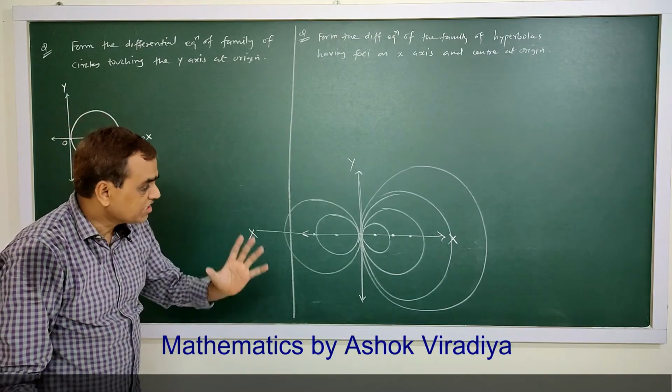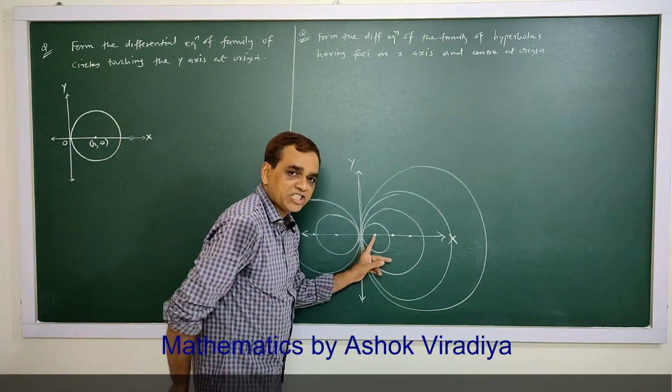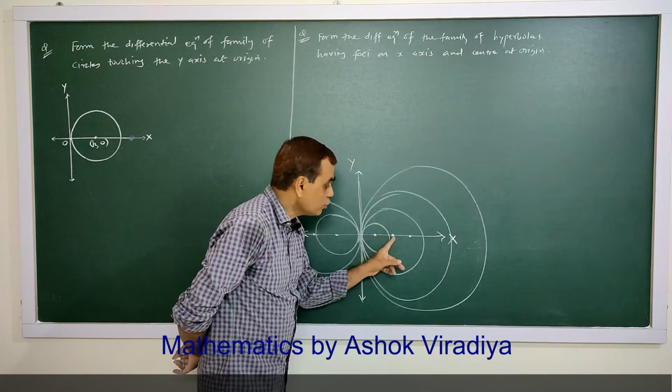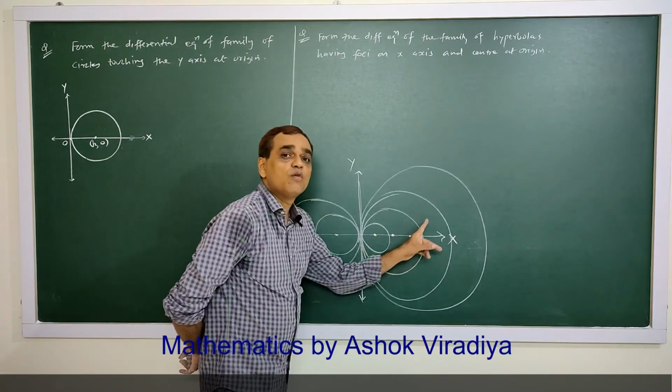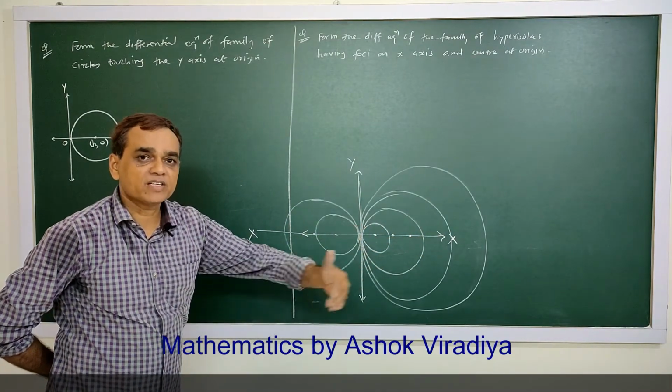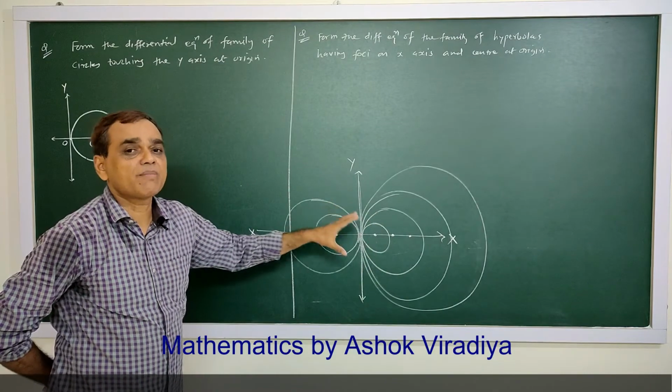So what is changing? Its x coordinate is changing. Maybe coordinates of this point 1 0, 2 0, 3 0, 4 0. These are centers of various circles belonging to this family.